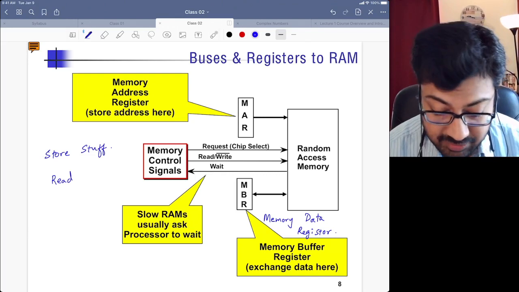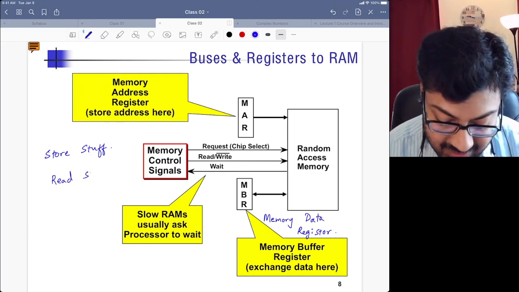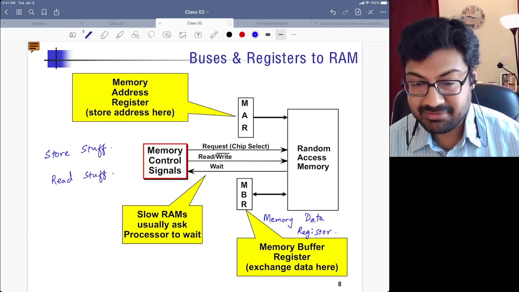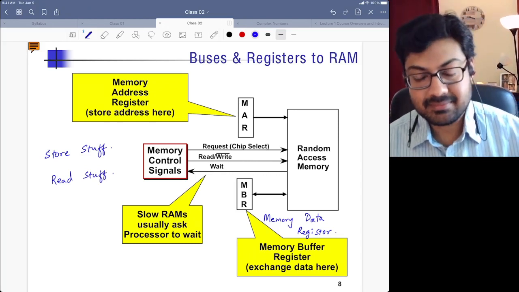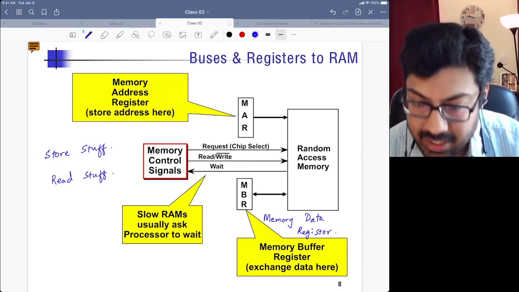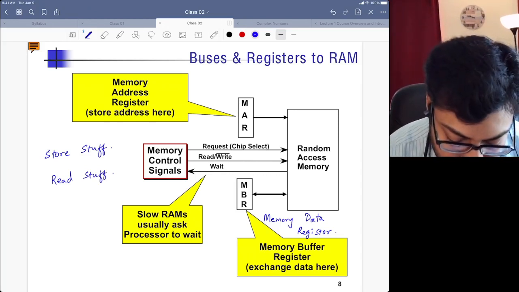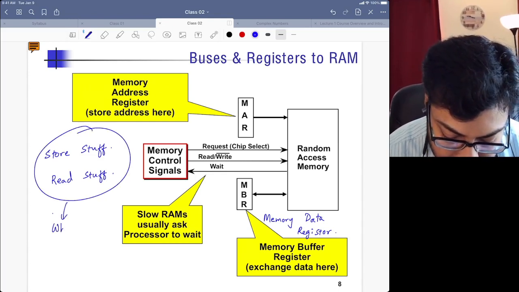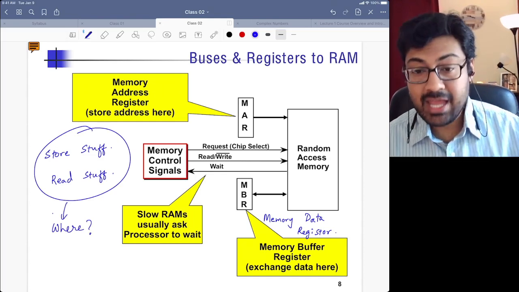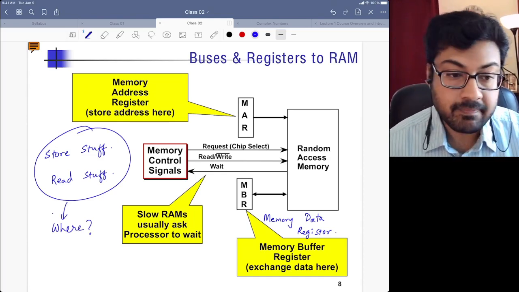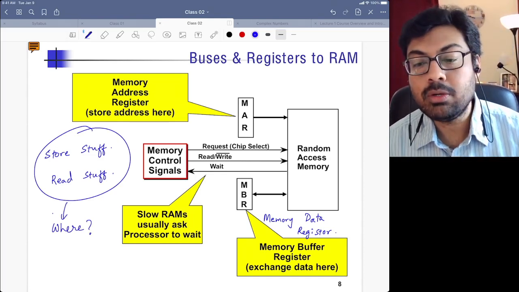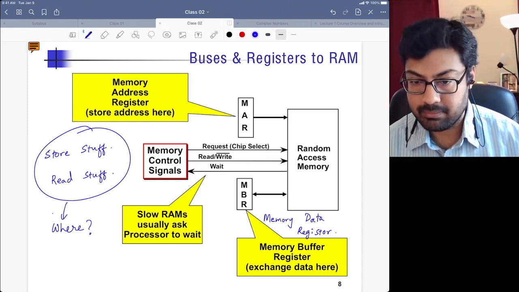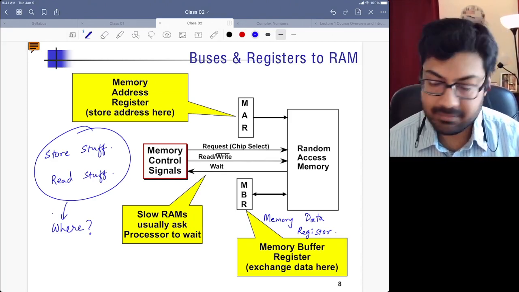I think this is it, right? Store stuff and read stuff. That's it. So for both of them, the next question is where? Where do you want me to store stuff? And where do you want me to read stuff from? Address and data. That's it.